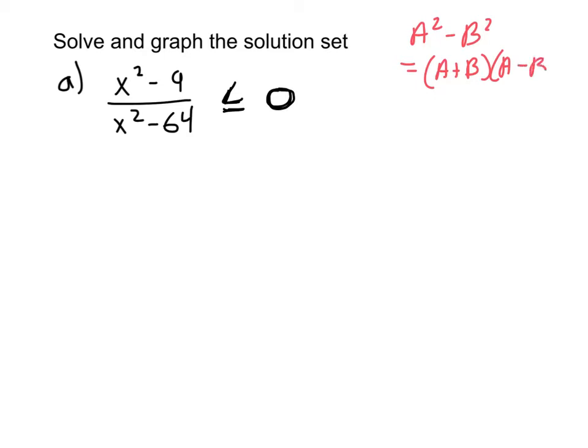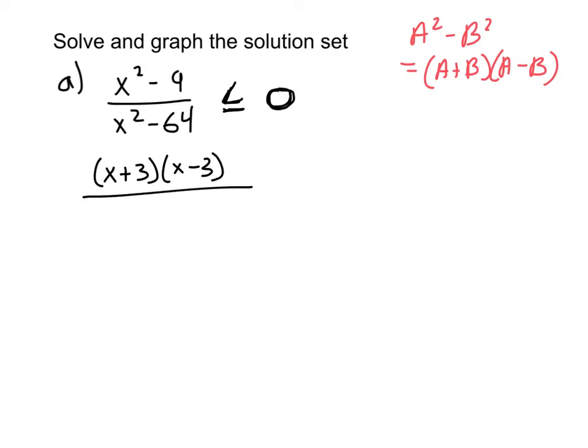You can double check this by foiling. So when I see over here that I have x squared minus 9, that's the same thing as x squared minus 3 squared. So x squared minus 9 is going to be x plus 3 times x minus 3. Okay, so I can factor it like that.